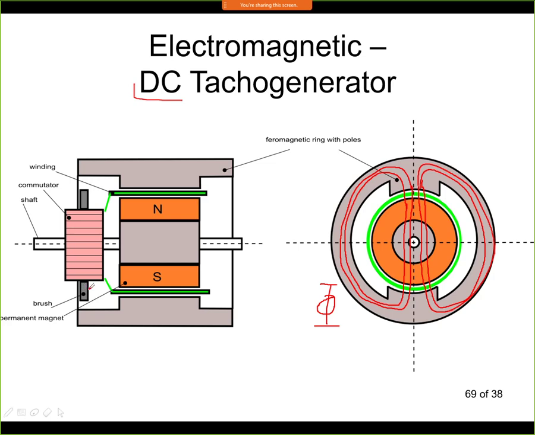Now for DC motors or DC generators, normal electric machines, the brush is typically made from carbon. So this is a stick of carbon, and it's used as a brush.